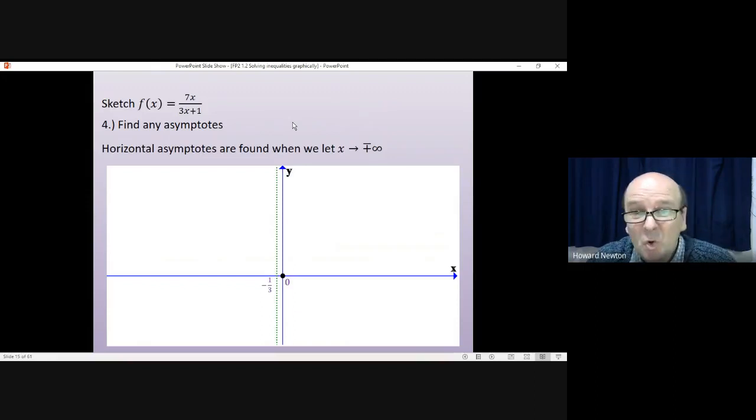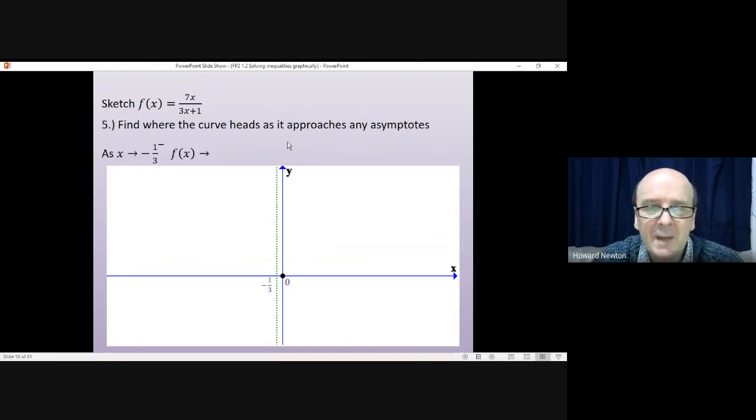We find those normally, in fact probably always, when we check what happens as x tends towards plus or minus infinity. But before we do that, we need to go back to the asymptote at minus a third and just find out what happens as the curve approaches it. Now, what we'll do first of all is say what happens as the curve approaches from the left-hand side, from below, from beneath.